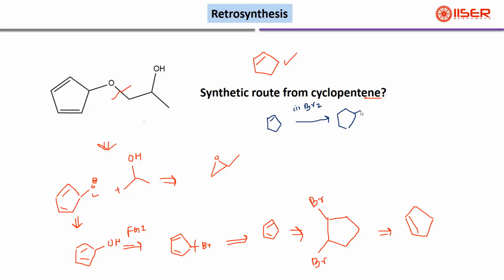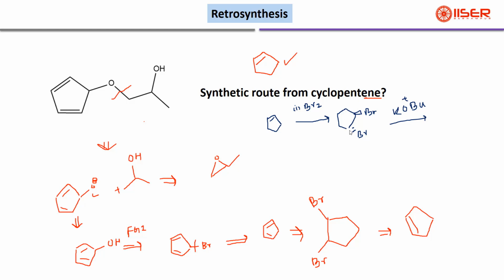Always the anti-bromination. In the next step, if we add a strong base in excess, like potassium tertiary butoxide, both the bromines will be eliminated.